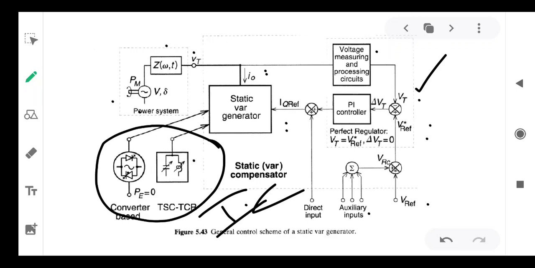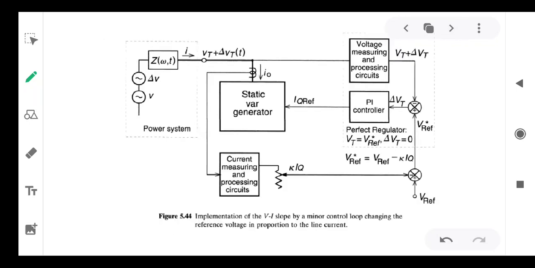This reference signal is used to control the internal circuit of the SVG in order to get the required I0. So that is the output of the compensator. So this is the general control. In particular, this control circuit is used to improve the power system transient stability, as well as the voltage regulation.